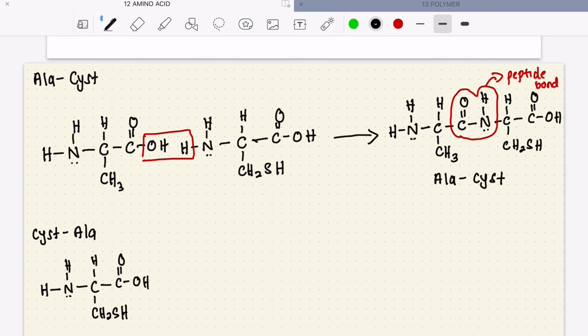Yes, it will make a difference. So remove this water, and we're going to get the product.